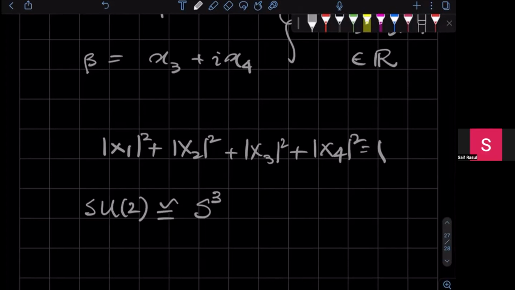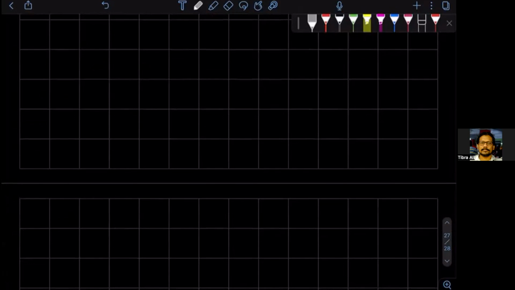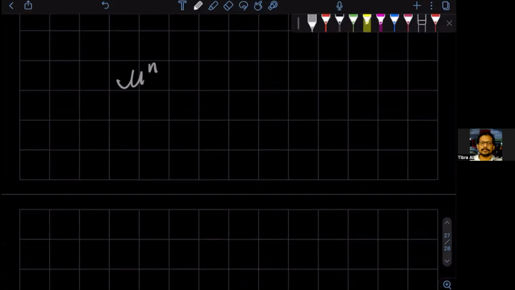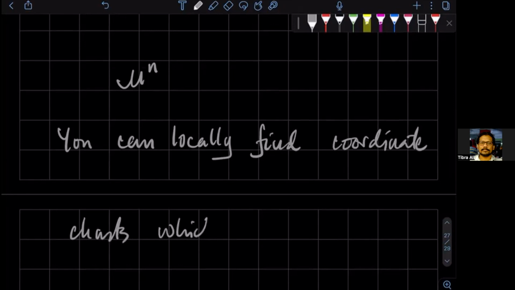I have a question. Is it possible to quickly remind us what exactly a manifold is? Yeah, a manifold is a topological space which is locally R^n. If you have an n-dimensional manifold, it means that you can locally find coordinate charts which are R^n.